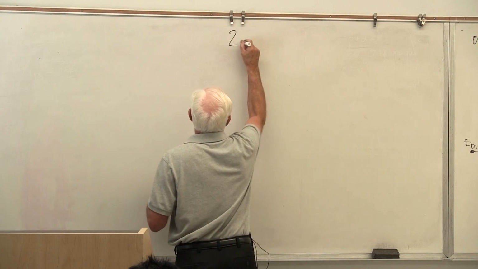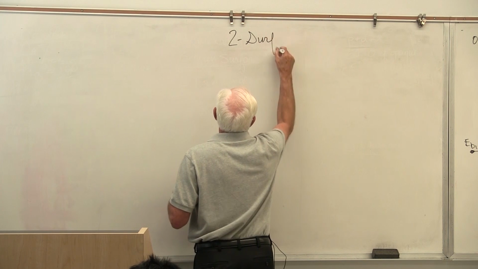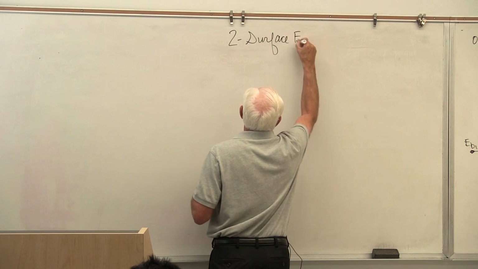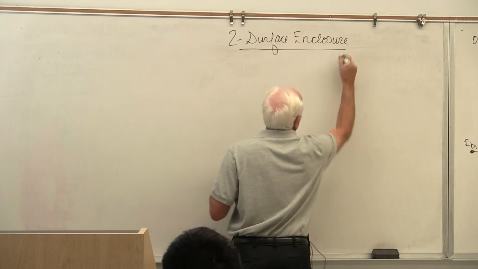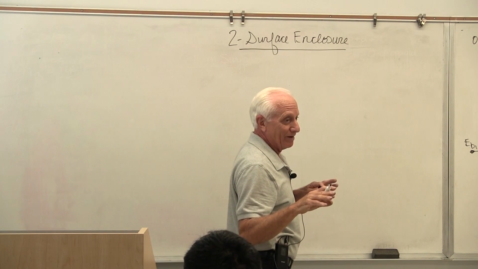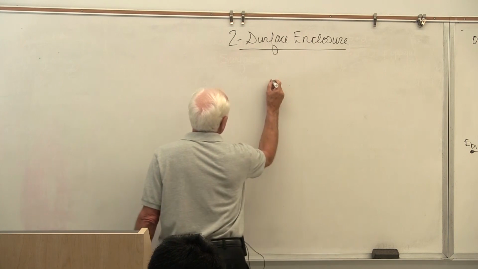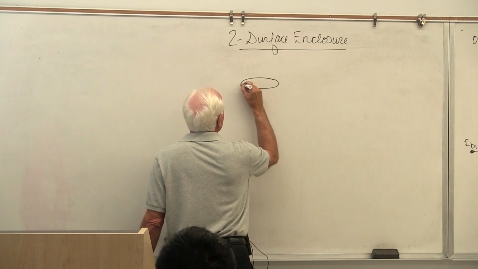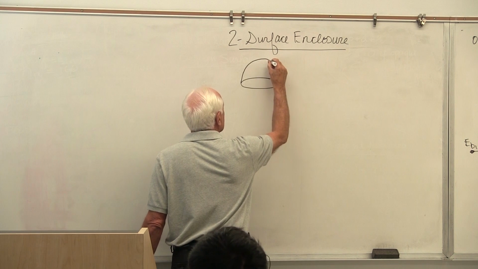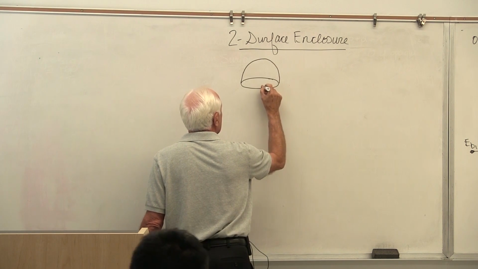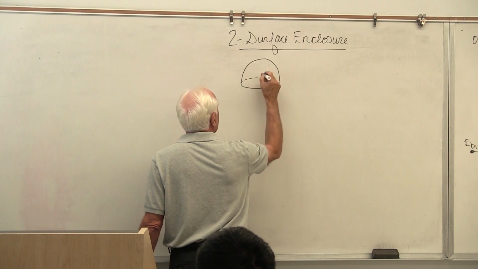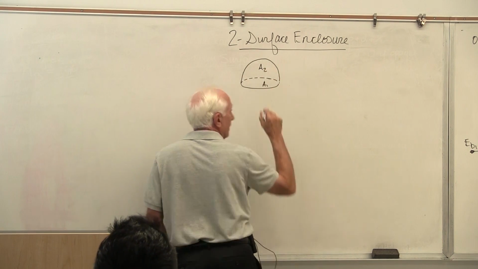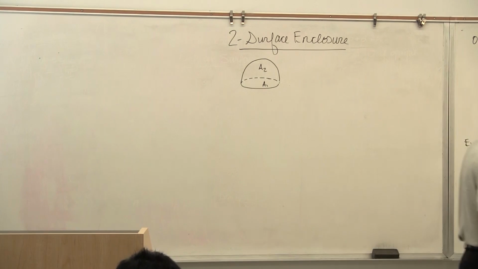So, a two-surface enclosure. I'm going to go back to our simple one of about a week or 10 days ago, where we had a circular base and above it was a hemisphere. This is going to be called surface A1, and the hemisphere A2, and we always look at the inside because that makes the enclosure. The enclosure is inside.